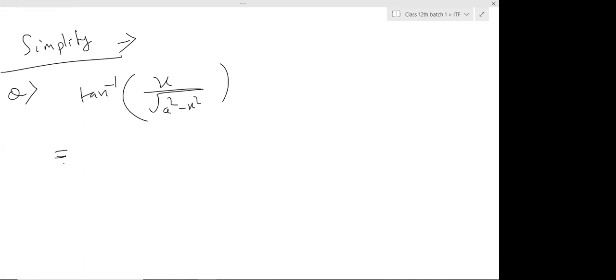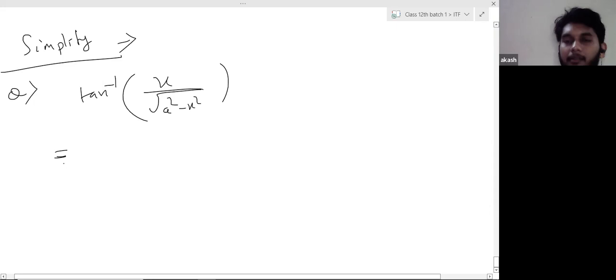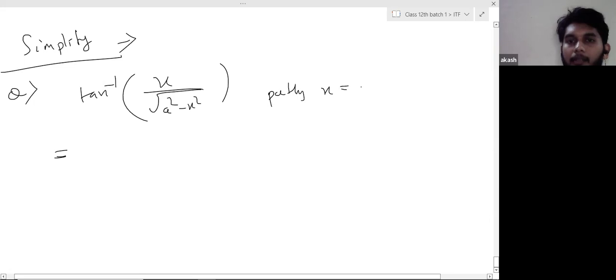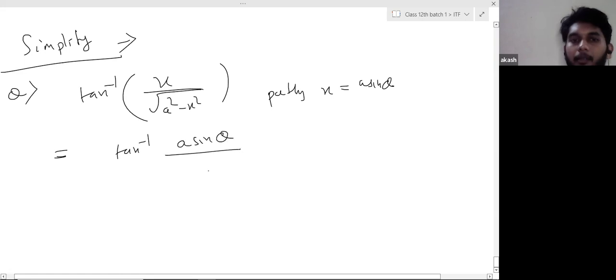A square minus x square. Right. So what should I put the value of x as? A sin theta. So putting x equals a sin theta, we have tan inverse of a sin theta upon under root a square minus a square sin square theta.